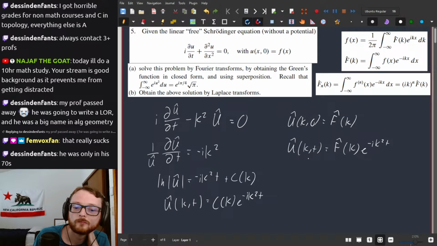Okay, so the part here that sucks, that I got stuck on, is trying to invert the Fourier transform here.